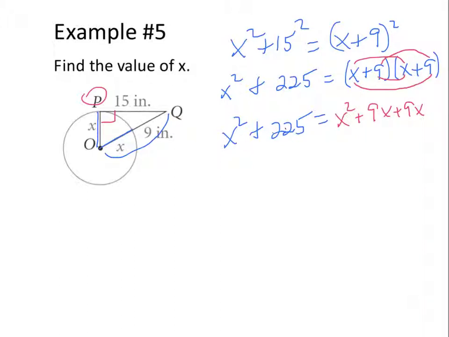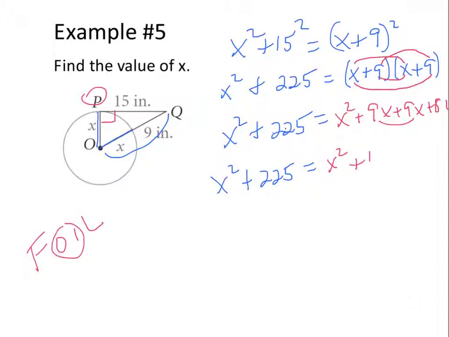And your last terms, 81. So on the right-hand side, I get x squared plus 225. Again, I haven't touched this. On the right-hand side, I get my x squared. Now you can always, when you FOIL, remember what FOIL means, these two always combine. So my 9 and 9 are going to be 18x plus 81.